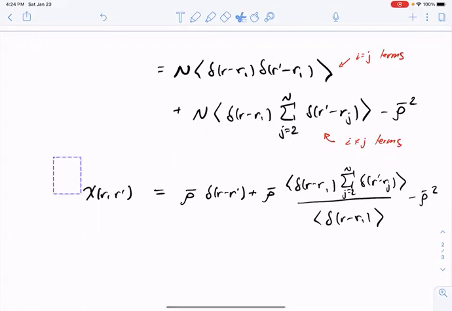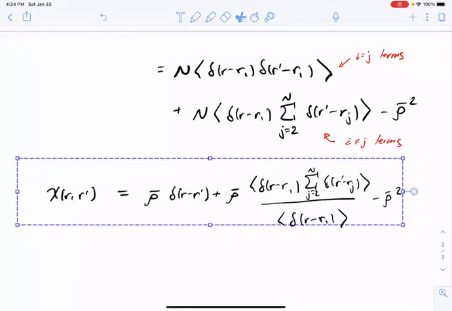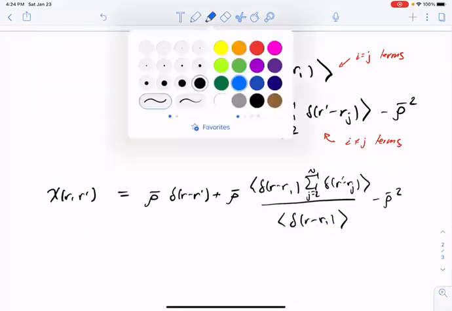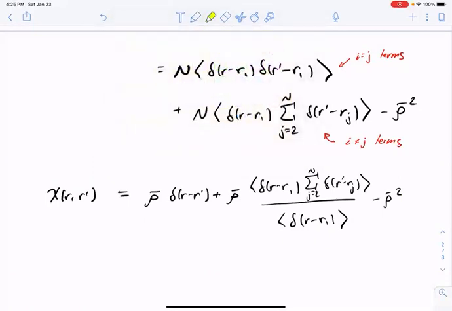Now this term here, the middle term, that is, again, averaging a binary variable, has the interpretation of a probability. These are ratios of probabilities.